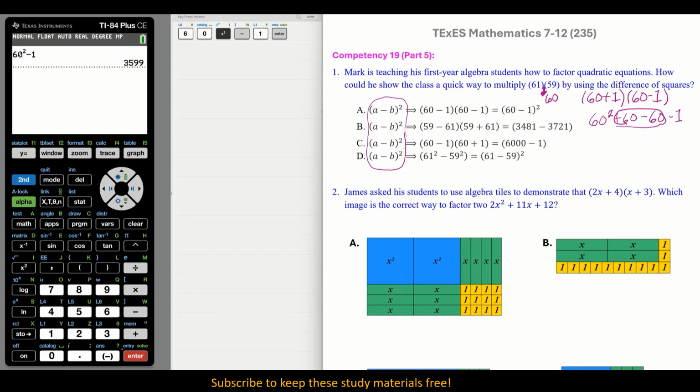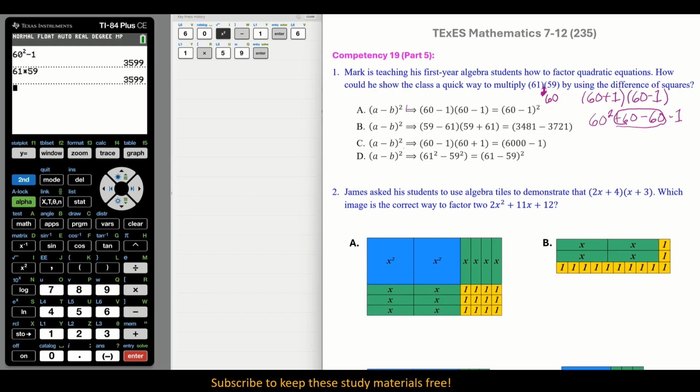But if we take a look at what happens to that, let's go ahead and multiply that out, 61 times 59. We get the same answer. So I guess to figure out which one of these is appropriate, because, oh, here, sorry about that. Well, okay, there it goes.